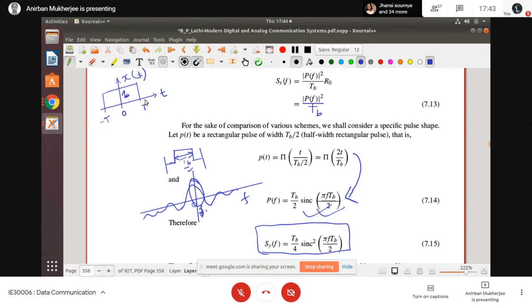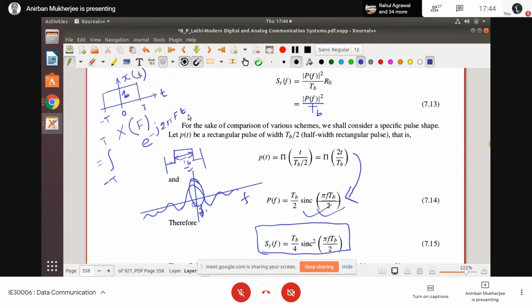Now I have to calculate X(f). I can calculate it by the Fourier transform: integrate from minus T to plus T of x(t) e to the power minus j 2 pi f t. Since x(t) is 1, I will remove it.